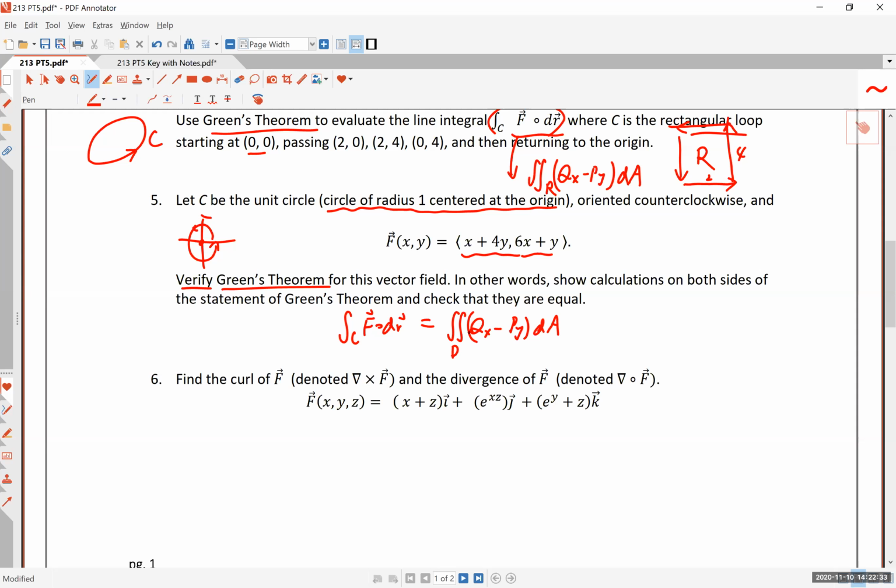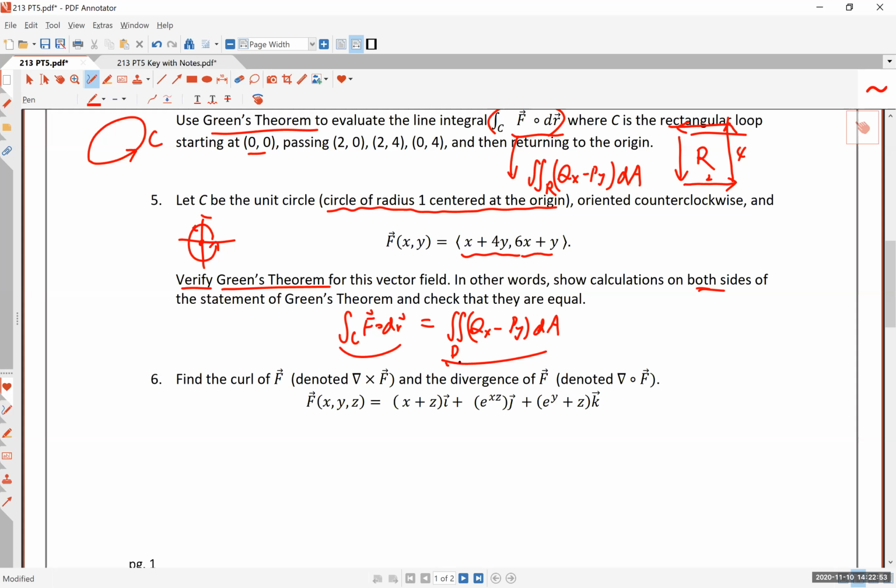Learn how to write the expression or the equation that is the statement of each theorem. And you are to show calculations on both sides. So I have to do this problem and this problem. Wow, this is one problem with two parts.